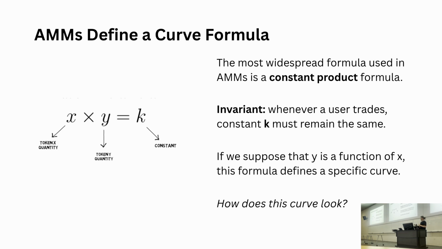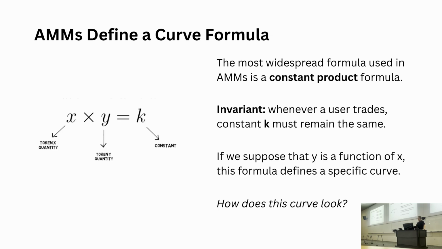So the example we gave before, when the pool holds 10,000 USDC and 30 ETH, the K would be, what, 300,000. And the idea of an AMM, no matter how many trades that you make, like you might swap ETH for USDC, then USDC for ETH, K must remain constant. My question right now for all of you is, how does the curve look like here?